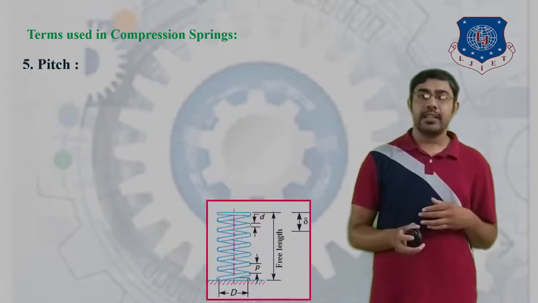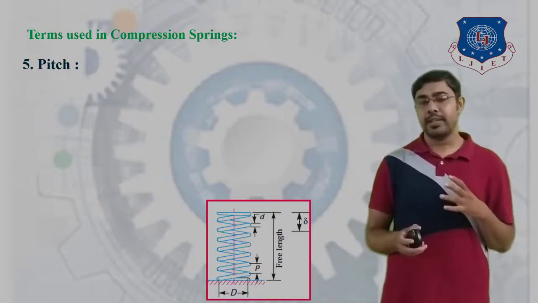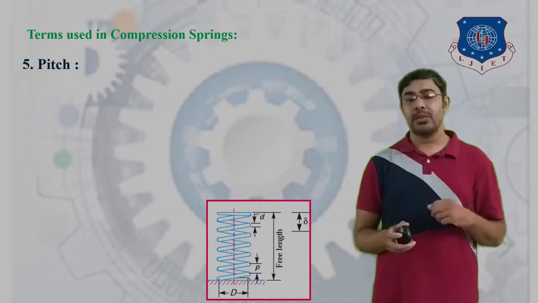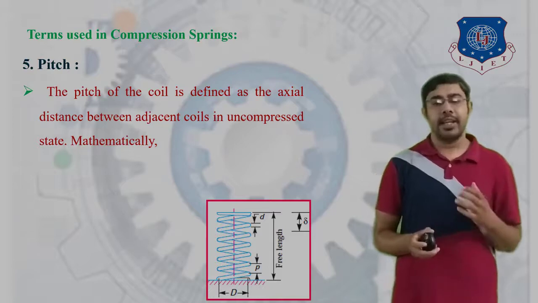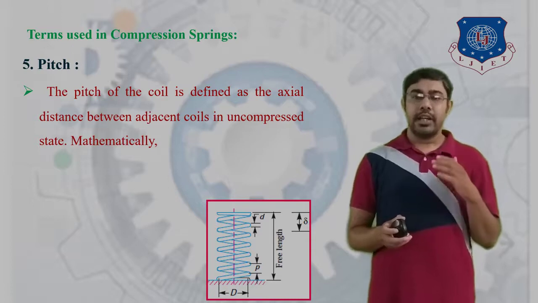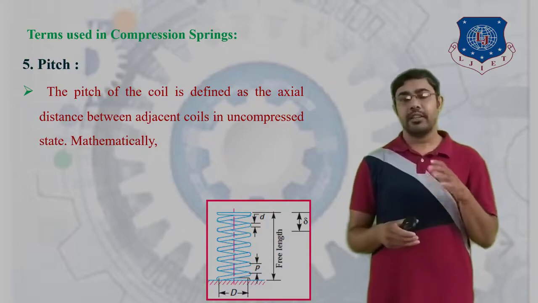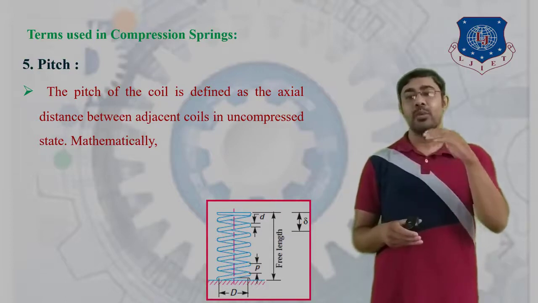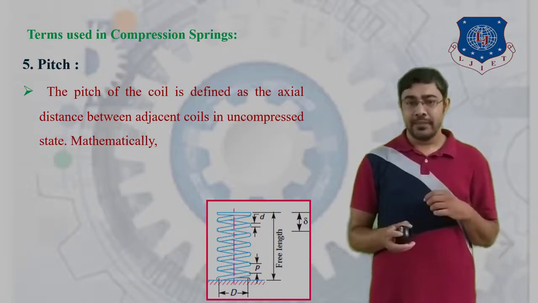Now next is the pitch. As you can see here in the figure, a compression helical spring is shown, and the capital P denotes the pitch of this particular spring. Pitch of coil is defined as the axial distance between adjacent coils in the uncompressed state. In the figure, the spring is in uncompressed state, and the axial distance between two adjacent coils is nothing but the pitch of that spring.